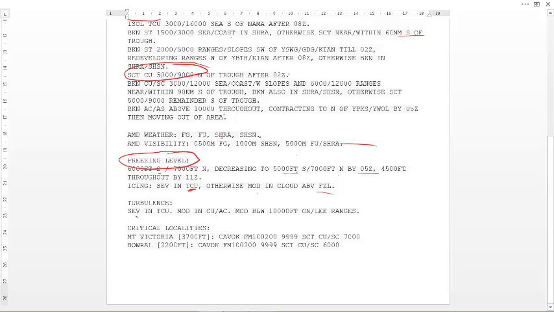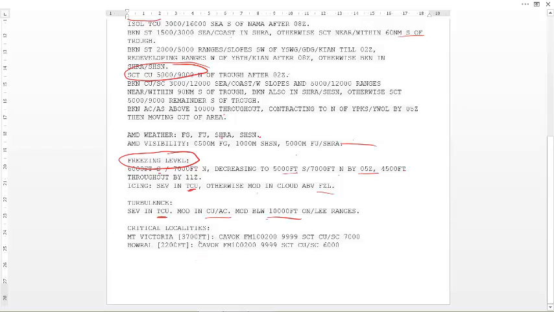Now, this is important. Turbulence, severe around thunderstorms and cumulus, moderate in cumulus and altocumulus, moderate below 10,000 feet on the lee of the ranges. So west of the mountains, moderate turbulence below 10,000.